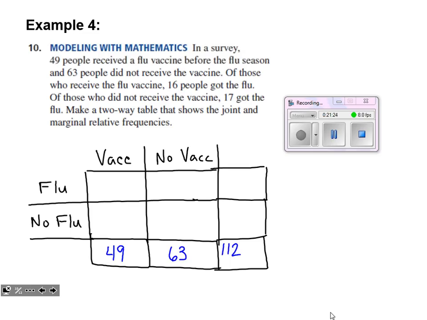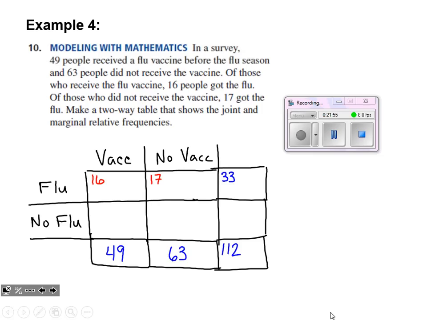So got the vaccine and got the flu, the unfortunate 16. Put that in the correct row and column in our table. Of those who did not receive the vaccine, 17 got the flu. So no vaccine, they rolled the dice, they still got the flu. That's 17 for that particular row and column. Okay, so for that marginal frequency, people that got the flu, that's 33 people.